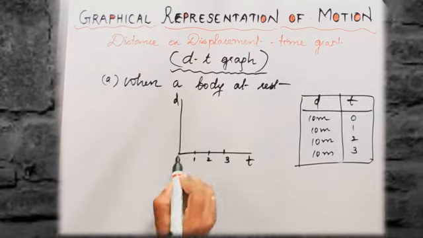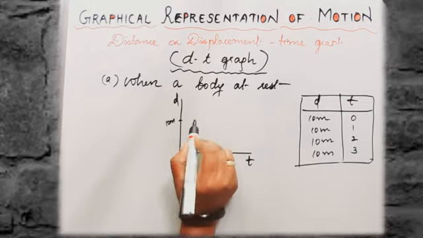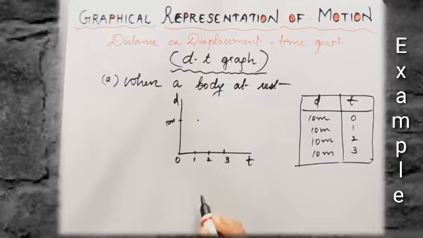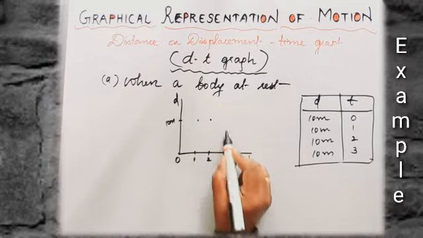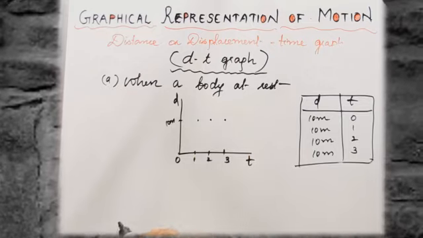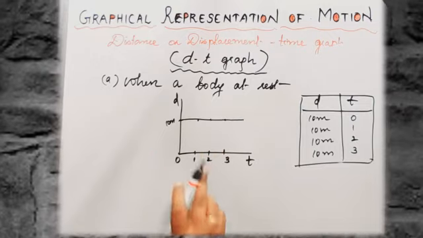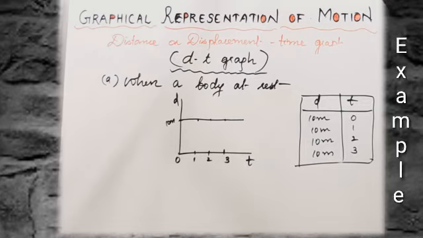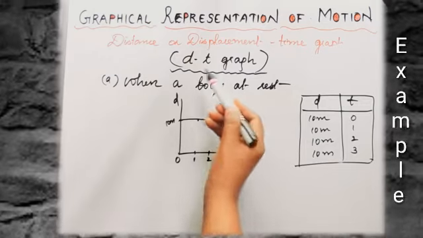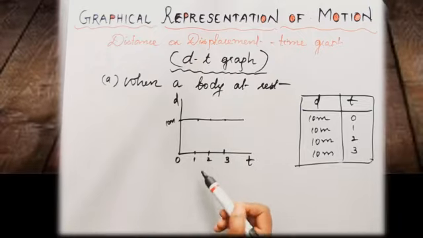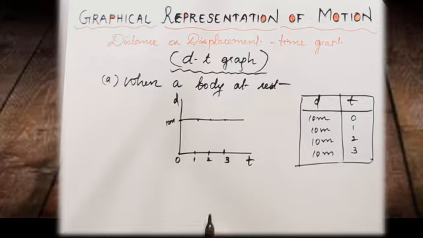At 0 seconds the body is at 10 meters, at 1 second the body is at the same 10 meters, at the second second also it is at 10 meters, and at the third second also it is at 10 meters. So we will get a straight line graph. It is parallel to the time axis. Which kind of graph will we get in the case of a body at rest? In the dt graph, we will get a straight line parallel to the time axis.